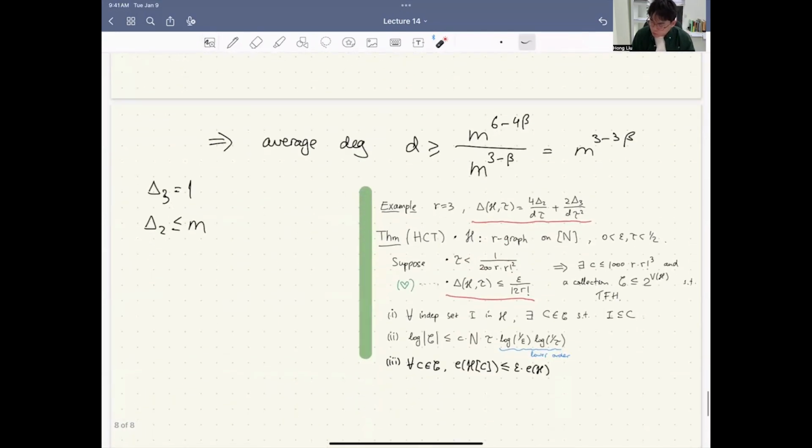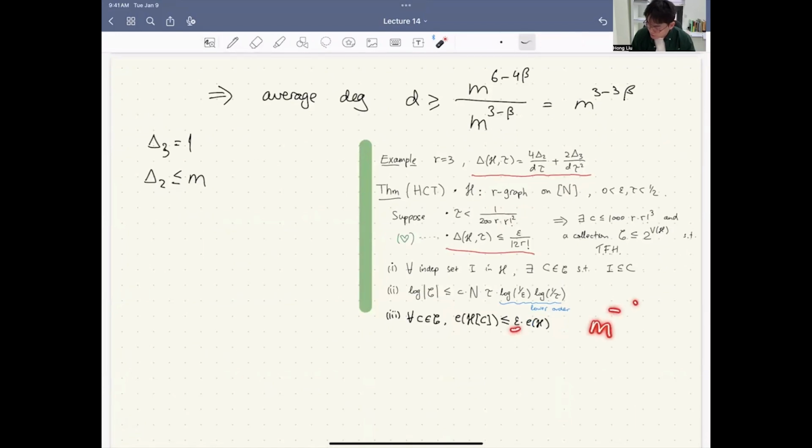If we can take epsilon to be polynomial in m, then every time the number of edges it induced is shrinking polynomially. But by supersaturation, we know that every polynomially large set, m squared above, has many, many edges. If this is shrinking, that means necessarily this container C is also shrinking polynomially. That means after a bounded number of steps, it shrinks all the way down to the desired size we want. Okay?